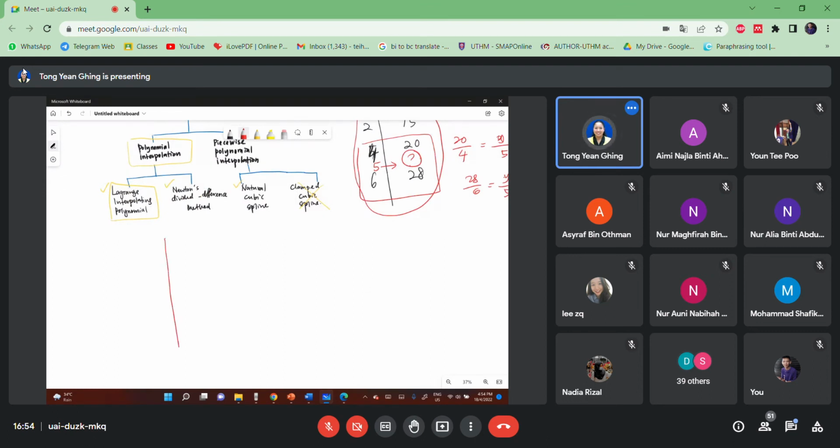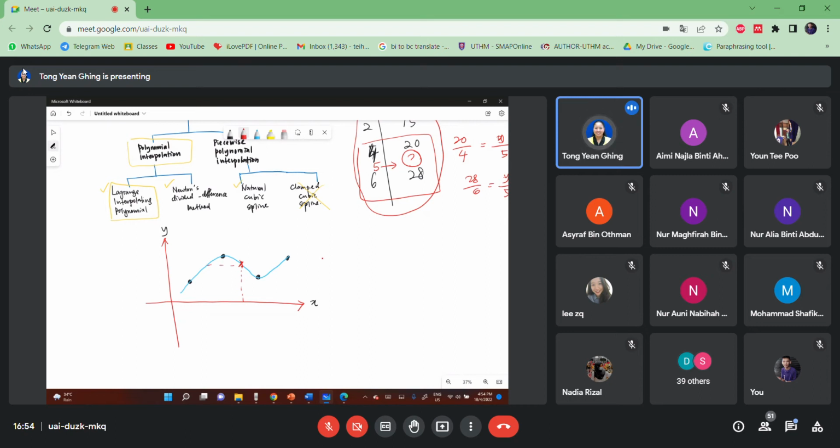Let's say we have a graph like this. This is y, this is x. And let's say I have a point like this. Okay, so let's say I want to find the value here. Let's say you know the x.